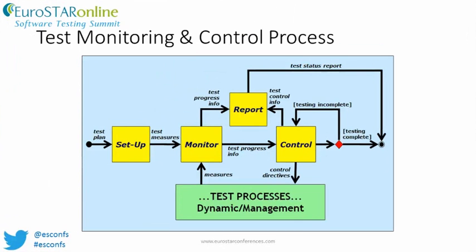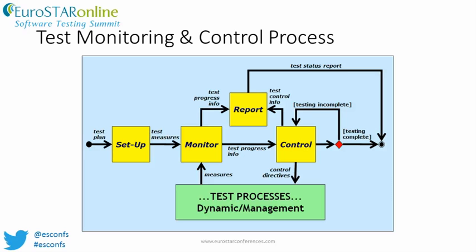Although test planning is obviously an important process, test managers spend far more of their time on day-to-day management, the test monitoring and control. As can be seen, this comprises 4 activities and is largely driven by the test plan.